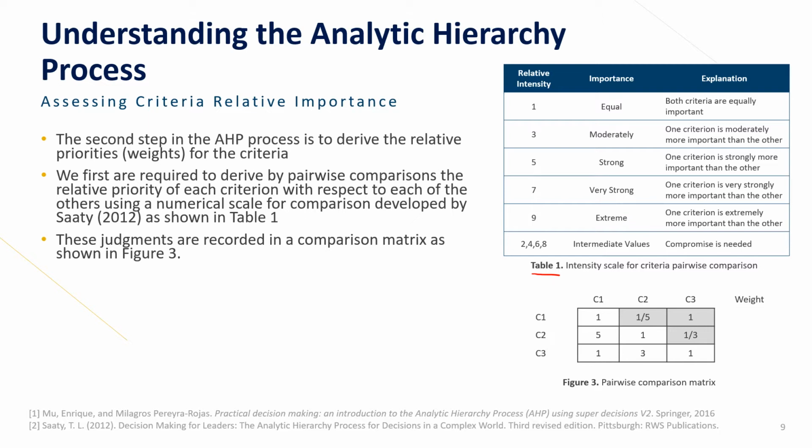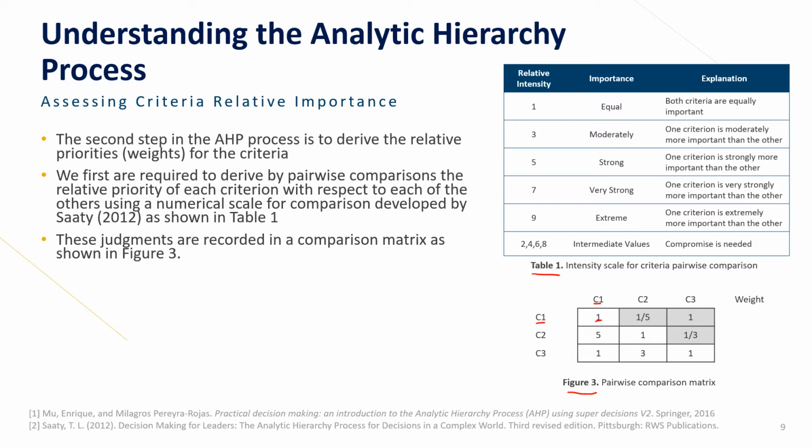How could we use this? We can show the examples in figure 3. This shows the pairwise comparison matrix which we use for comparison among the criteria. For example, criteria 1 against criteria 1 should equal 1 because they are the same criteria. Both criteria are equally important.